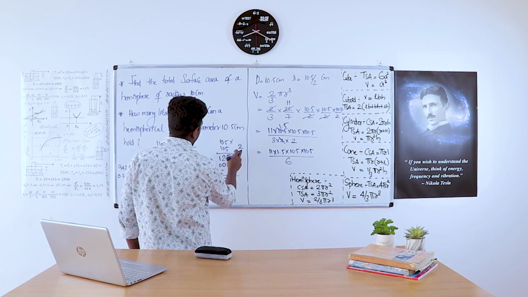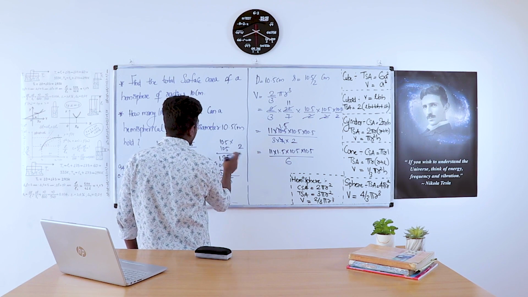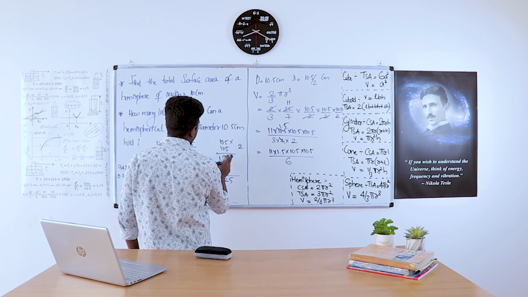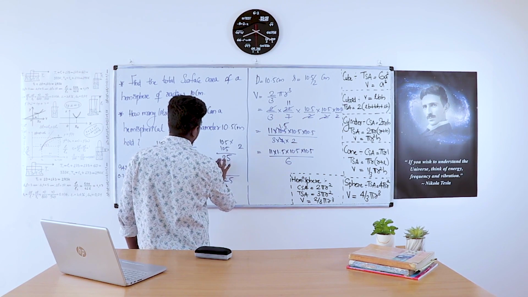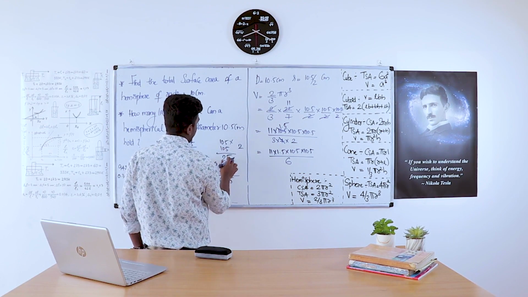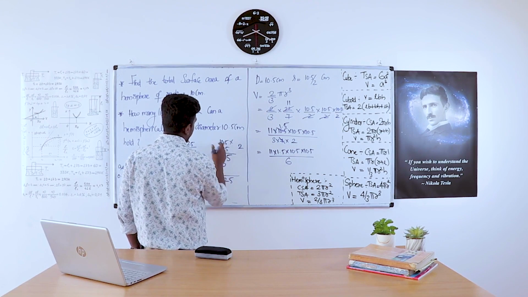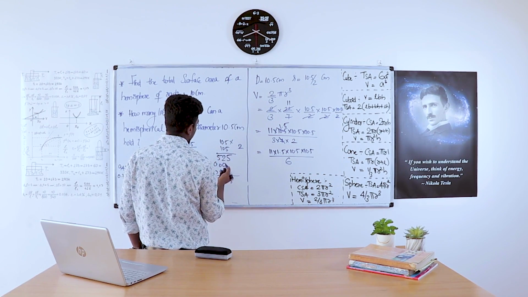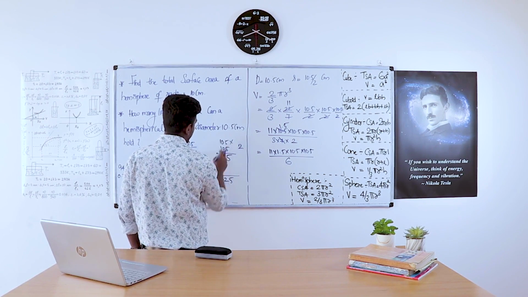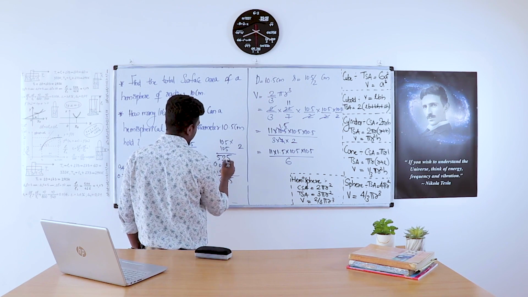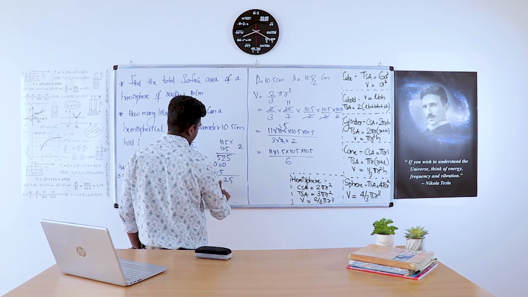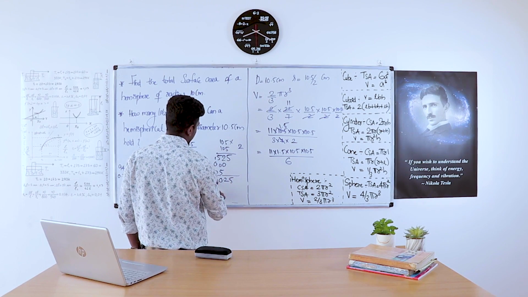Clear? Let me check again. 5 into 5, 25. Remainder 2. 5 into 1, 5. 1 into 5, 5, 1 into 0, 0, 1 into 1, 1. 5, 2, 5 plus 5, 10. Remainder 1.